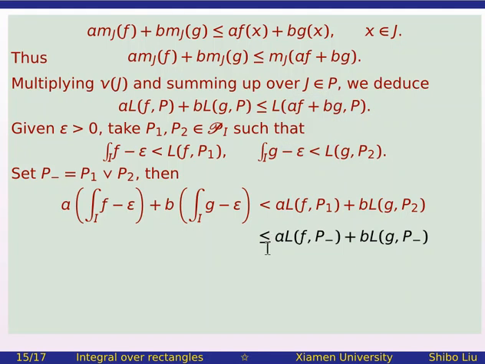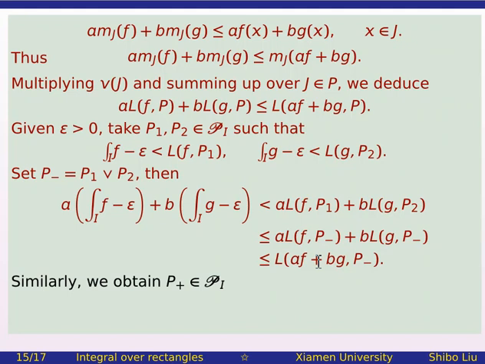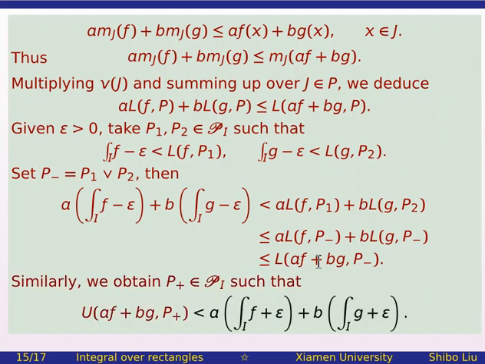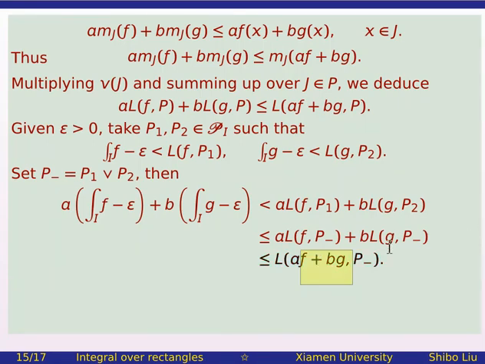So this can be written as the lower sum of the linear combination, and then the lower sum is never greater than the lower integral. We stopped here for the discussion of the lower sum of the linear combination of f and g.